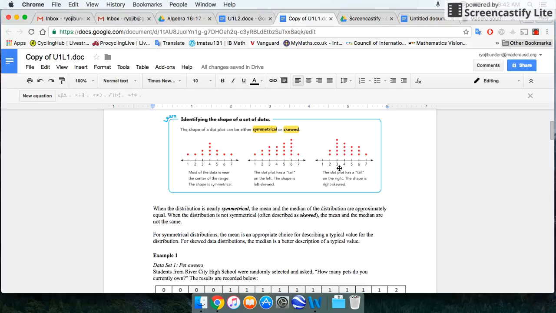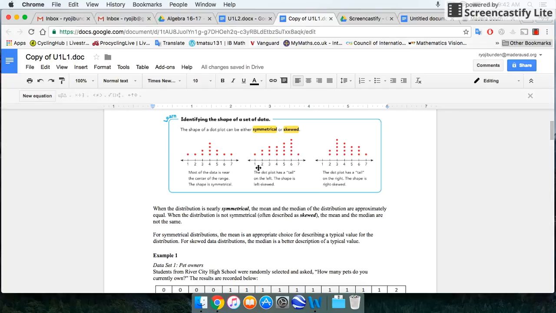Anytime you have a symmetrical distribution, then the mean and the median are going to be roughly the same, because both of those values are going to be directly in the middle, right? If we have a skewed left distribution, then these lower values of 1, 2, 3 are going to pull our average down.